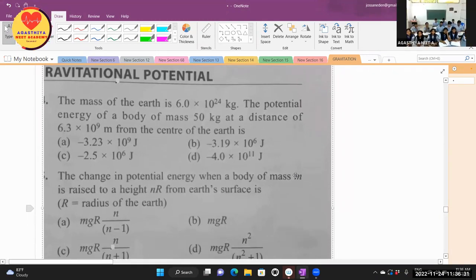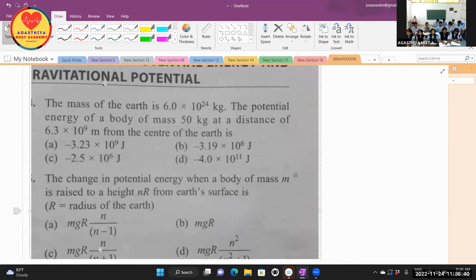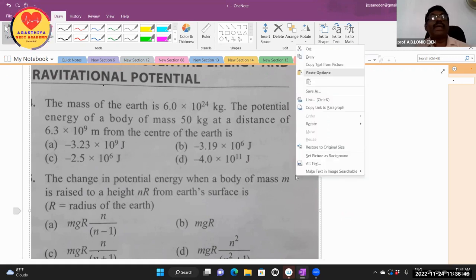See the first problem. The mass of the earth is 6 into 10 to the power of 24 kg. The potential energy of a body of mass 50 kg at a distance of 6.3 into 10 to the power of 9 meter from the center of the earth. That is the question.